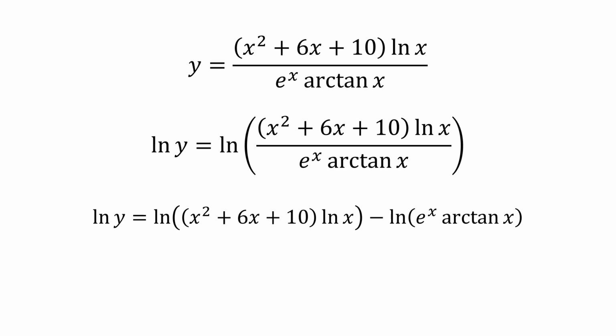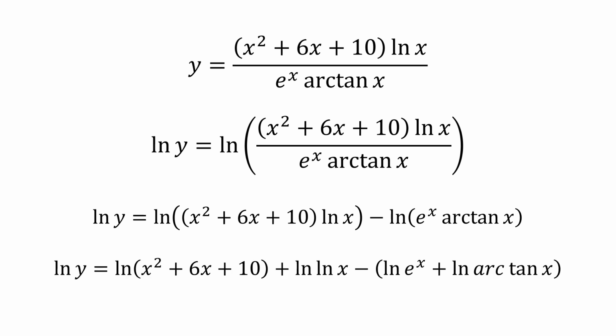Expanding the two logarithms on the right-hand side now gives us ln of y equals ln of (x squared plus 6x plus 10) plus ln of ln x minus ln of e to the x plus ln of arctangent of x.